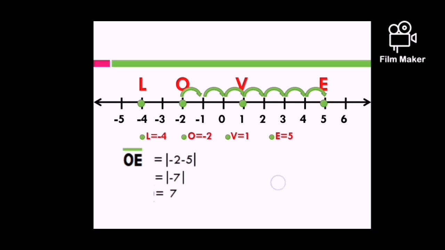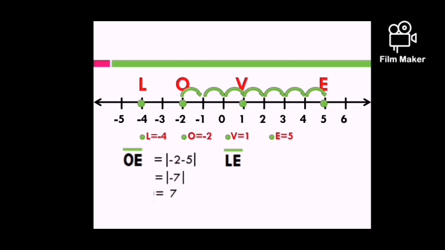Let us have another example. Let us find the distance or the measure of segment LE. The coordinates of point L is -4, and the coordinates of point E is 5.